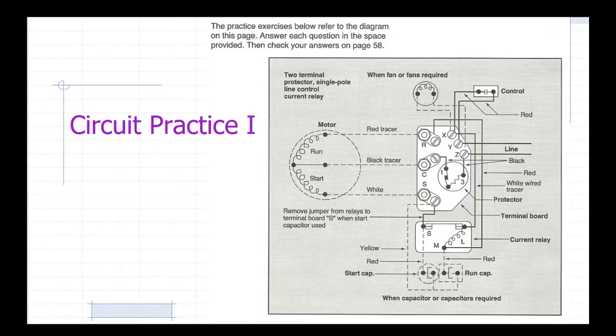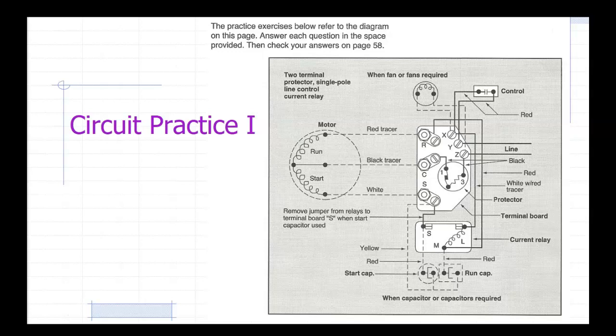The insulation on one wire in the circuit is colored white with a red tracer. What terminals should the ends of this wire be connected to? It says white with a red tracer right here, pointing to this wire.